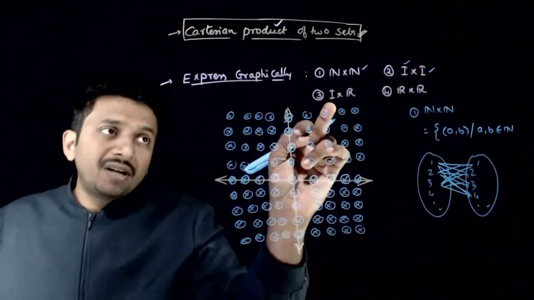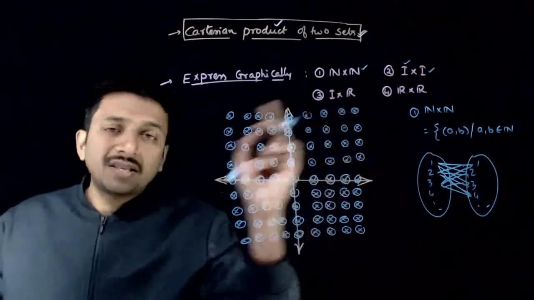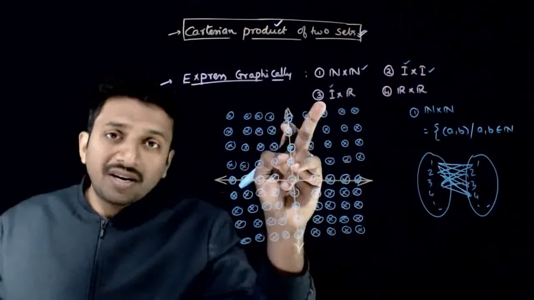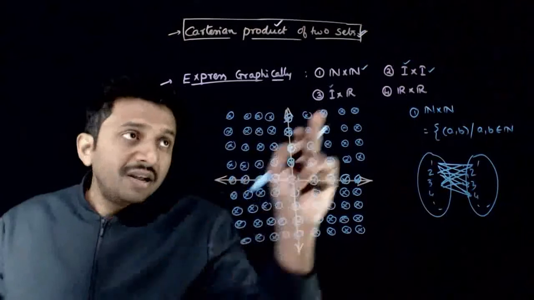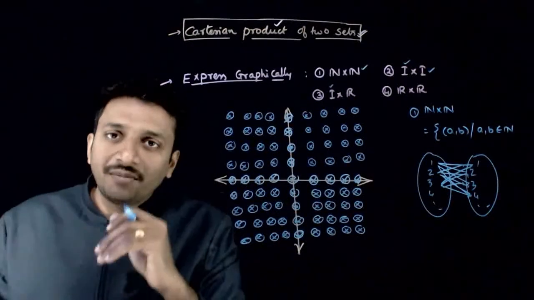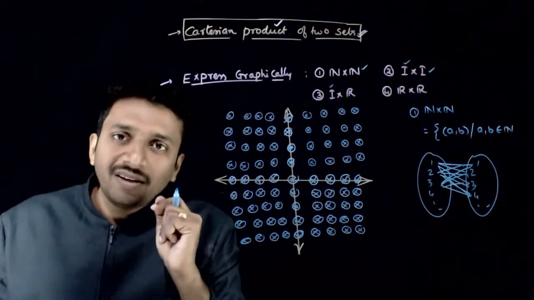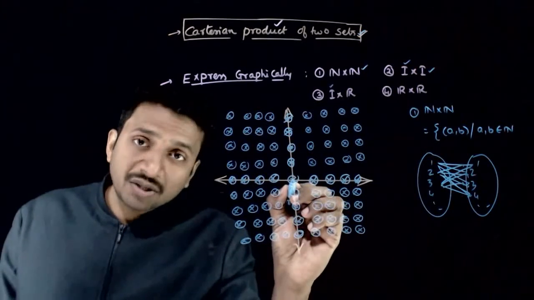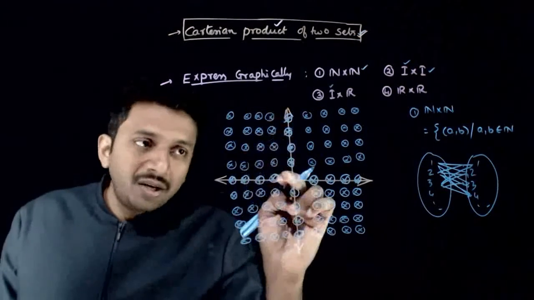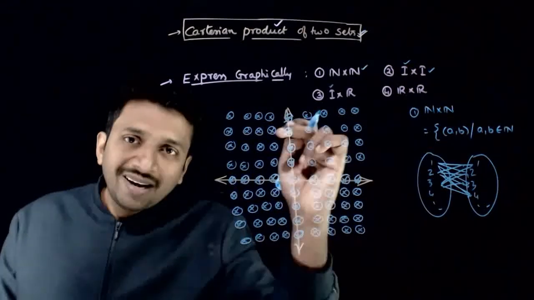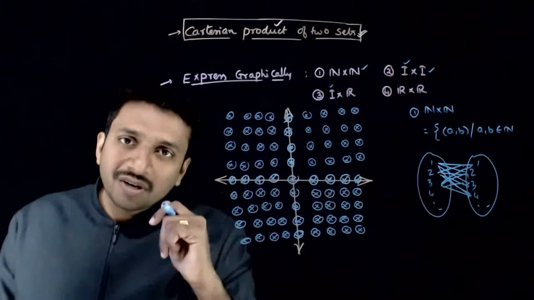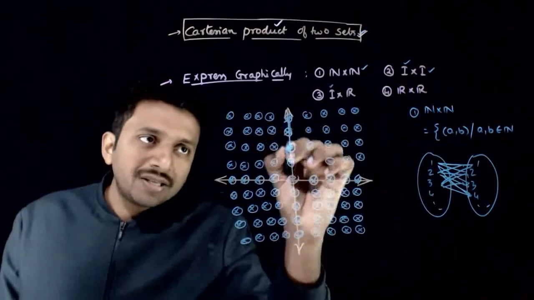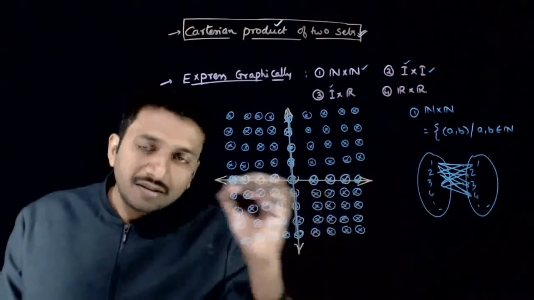Now in the third set you're asked to find I cross R. That is, the first element, the x coordinate of the point, has to be an integer, but the y coordinate can be any real number. The y coordinate need not be an integer. If you take 0 as the x coordinate, the y coordinate can be anything. It doesn't need to be discretely 1, 2, 3, 4, and so on. So this time if you want I cross R, you get all the points on this line, so you have to draw this line.